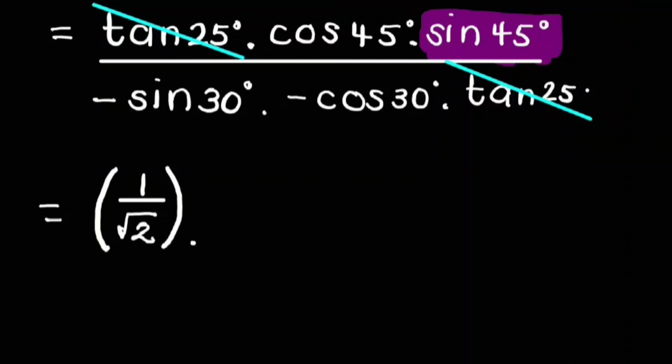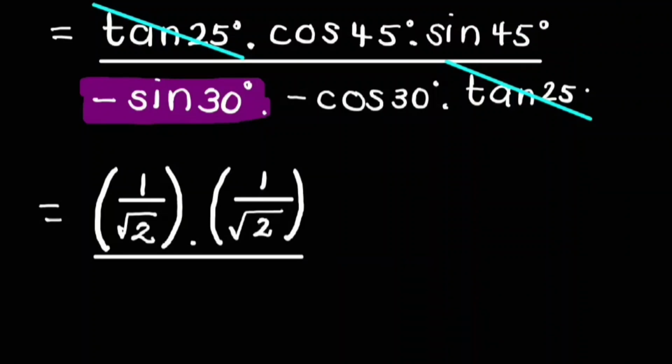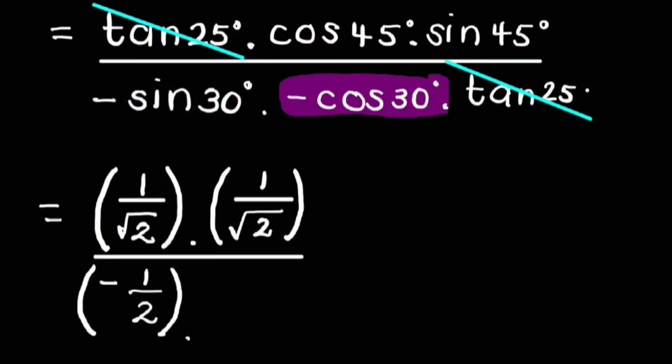Now going on to sine 45 degrees, that is also equal to 1 over square root 2. Now we have negative sine 30 degrees. That would equal to negative 1 over 2. Negative cos 30 degrees would be negative square root 3 over 2.